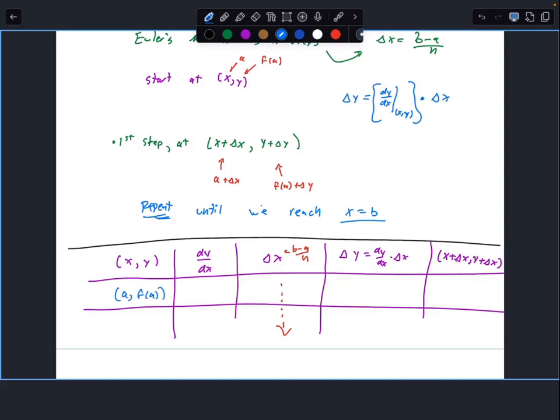You'll find all this work by plugging a, f of a into dy dx, and then you'll be at a plus your delta x, f of a plus delta y, and then you put that point right into your next row, and you repeat the process until you are done, however many steps you are taking.